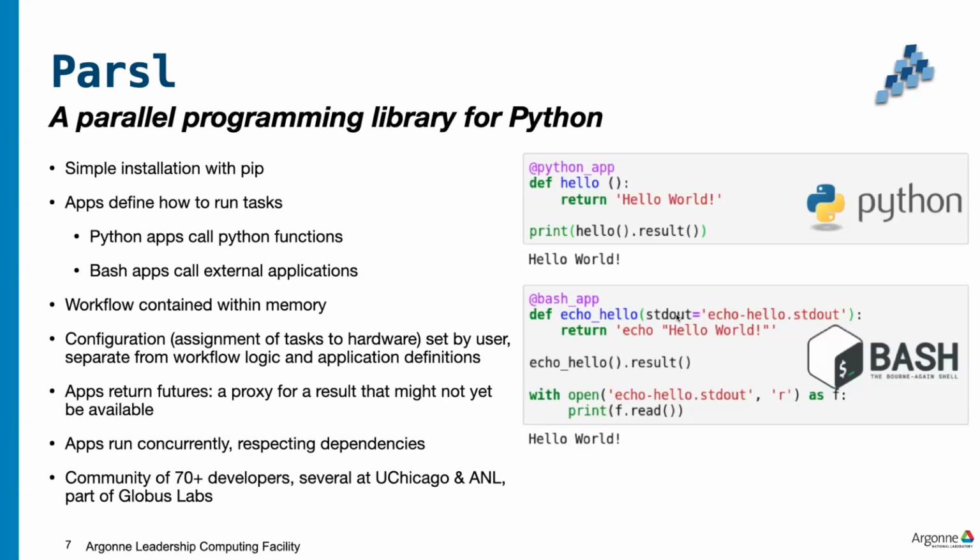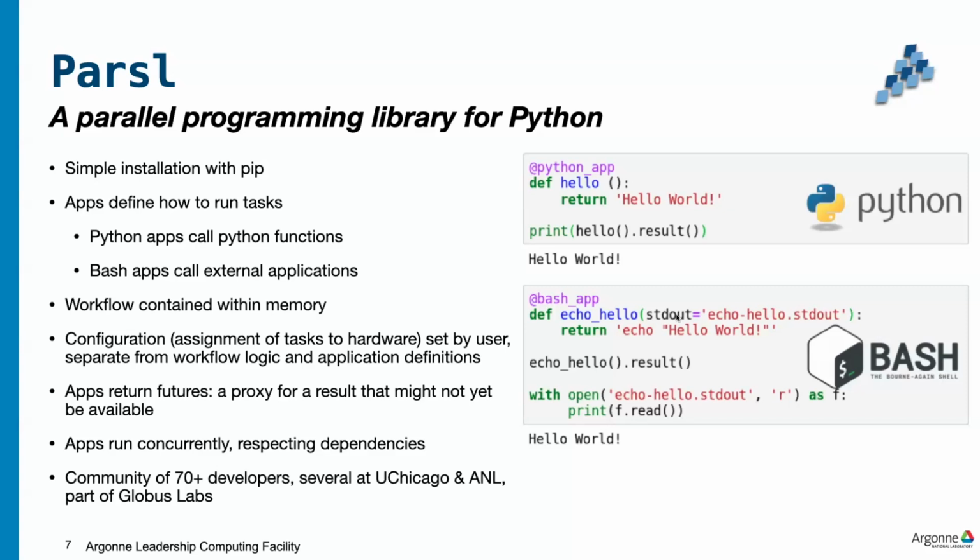So one thing to point out is in Parsl, your workflow is contained within memory. Where it's contained in memory, you have a choice about that, and we'll talk a little bit about different ways of configuring Parsl.